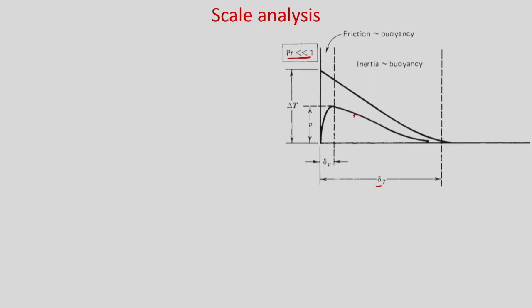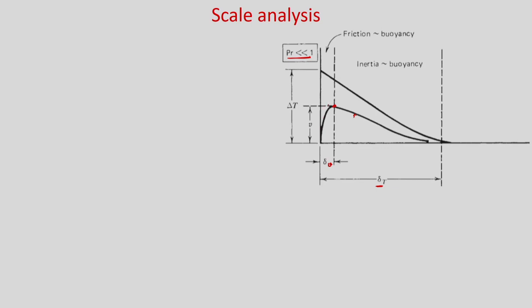So, obviously it is due to the buoyancy effect inside the thermal boundary layer. So, you cannot say that your hydrodynamic boundary layer thickness will be much smaller than delta T for these low Prandtl number fluids. Okay. But you can see you have the maximum velocity near the wall. So, this will be your maximum velocity, and this thickness is delta V. Okay.